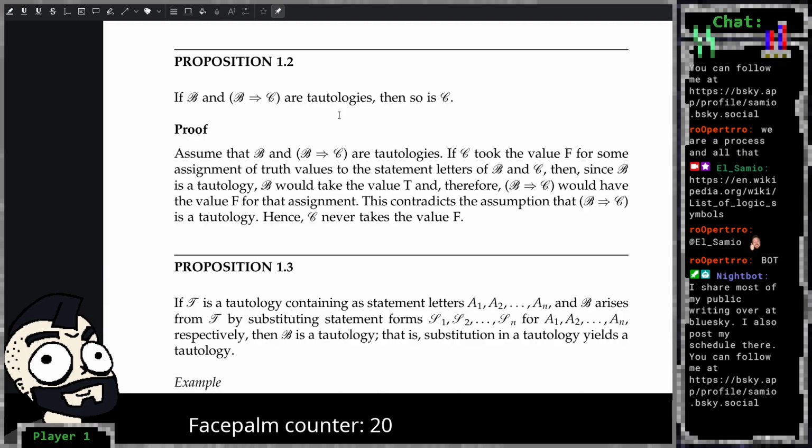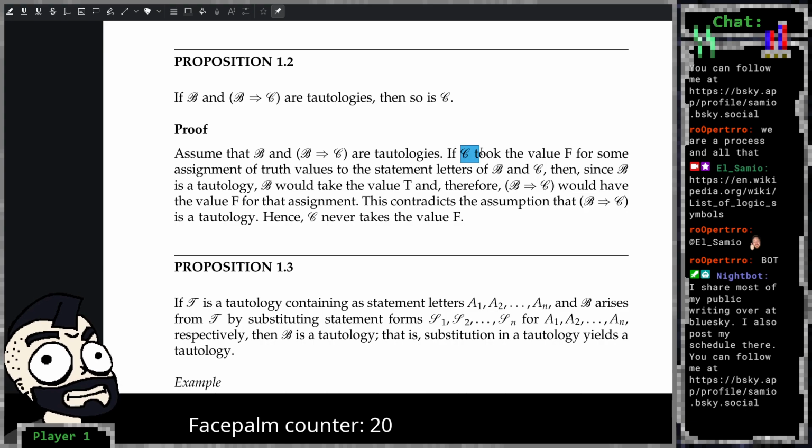So, if beta is a tautology, then every truth assignment makes beta true, regardless of what the assignment is. And if beta implies chi is a tautology, then that means that whenever beta is true, then chi is true. But hey, beta is always true. Therefore, chi always has to be true.